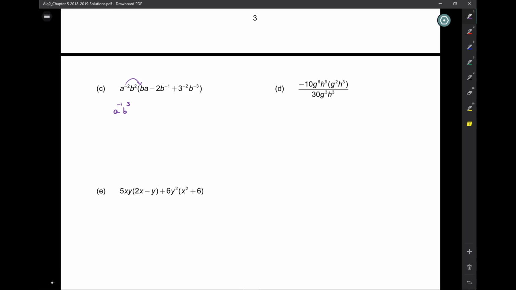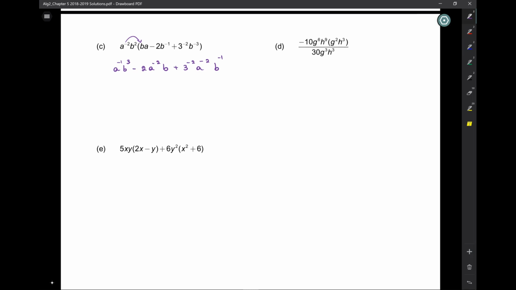Well, you have to multiply the a to the negative 2 times a to the 1. You add the exponents. Right. The order doesn't matter. Minus 2a to the minus 2 times b plus 3 to the negative 2, a to the negative 2, b to the negative 1.